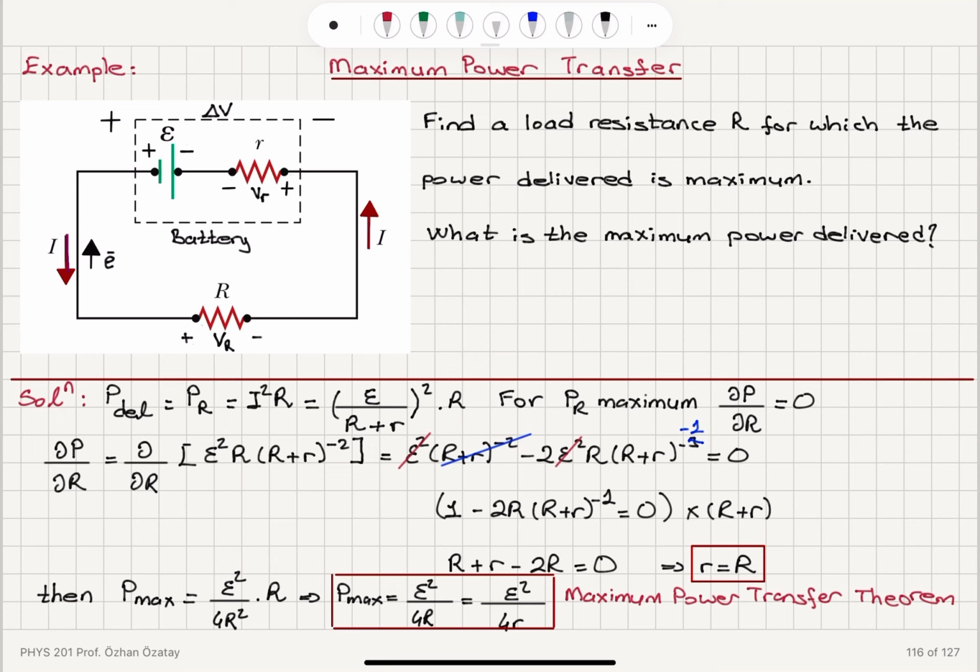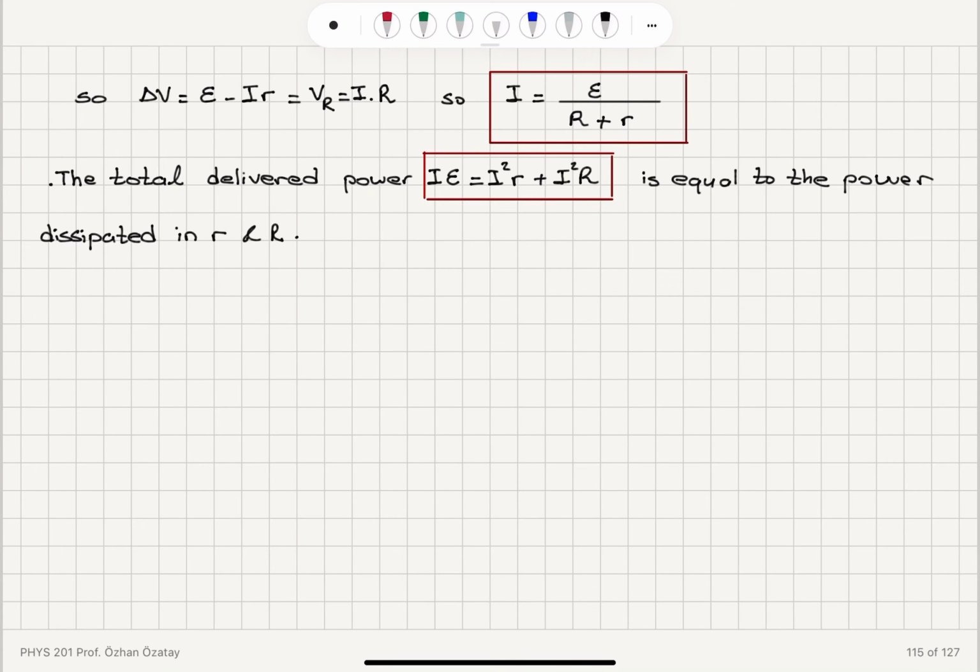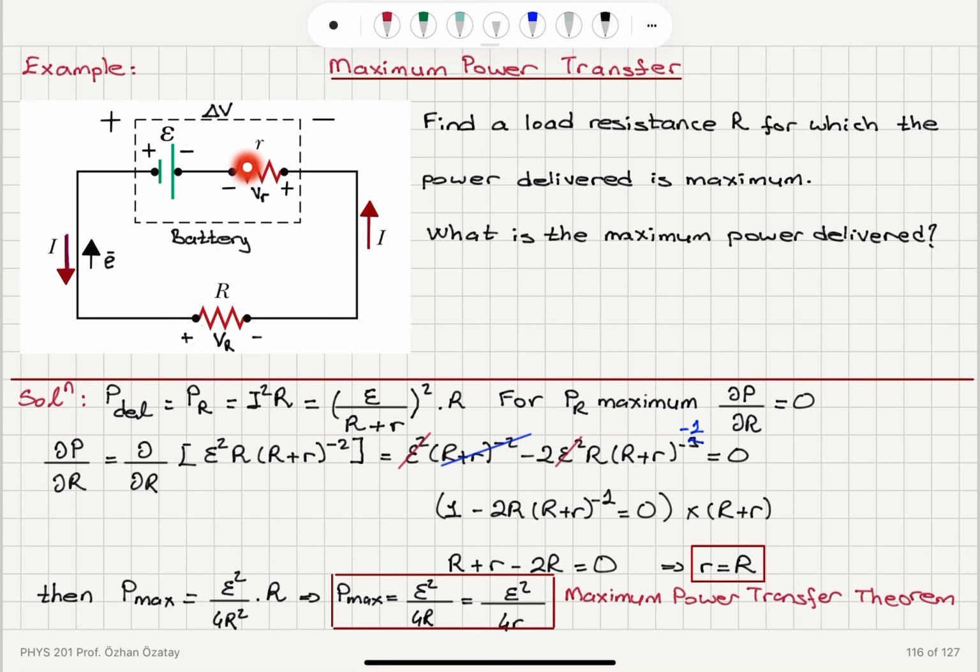The power delivered to the load is the DC current I squared multiplied with capital R, and the DC current I, as we have shown previously, is basically epsilon over capital R plus r. So that's the total resistance in the circuit. So I take it squared multiplied by R.